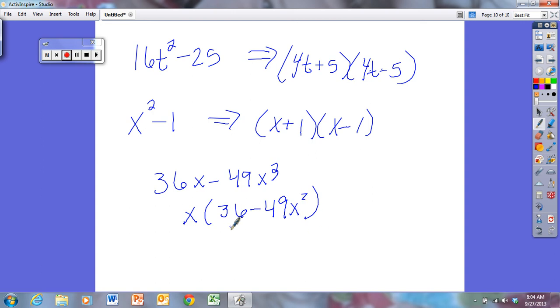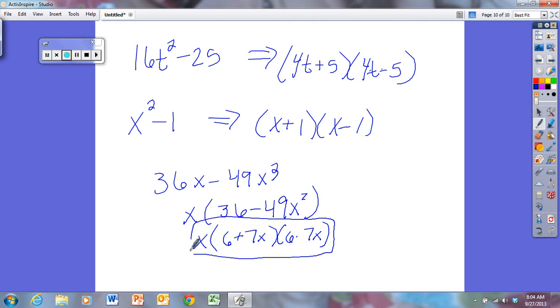Sometimes your factoring will take 2 steps. You'll take out your GCF, and then whatever's left in the parentheses will also be factorable. Here we have difference of perfect squares. So 6 plus 7x, 6 minus 7x. And you have to write this x down here because I have to be able to multiply all of these things together and get what I started with.